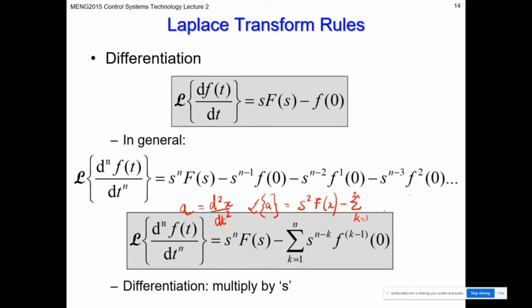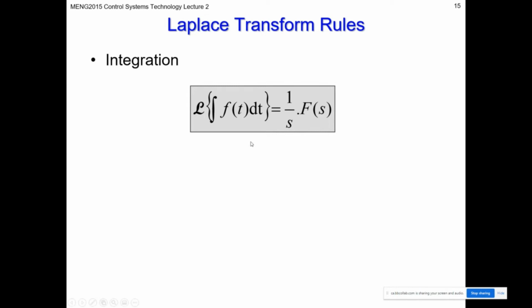We have to go from 1 to 2 of our s values times f of 0 in this case. Right, so because it's just a second order, we'd have 2 extra terms that we'd have to add on at the end based on the initial velocity and the initial position of the body that we're looking at.